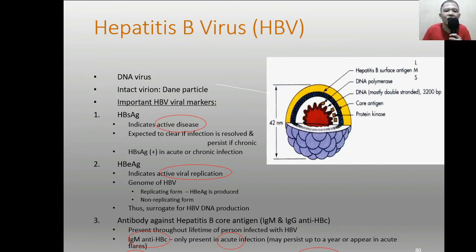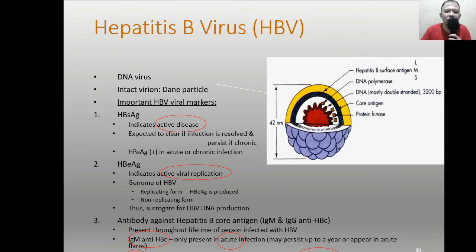The antibody towards the core, so IgM, reflects acute infection. If it's the total, it reflects both acute and past, acute and chronic. But it's the IgG that reflects the chronic.